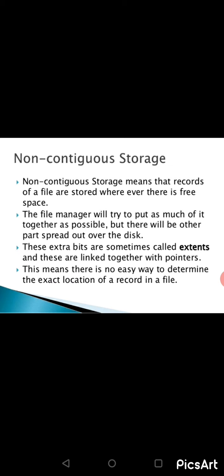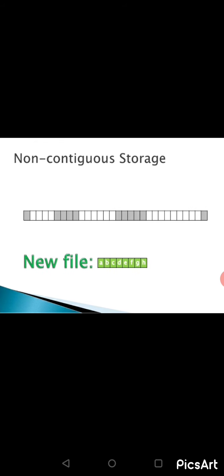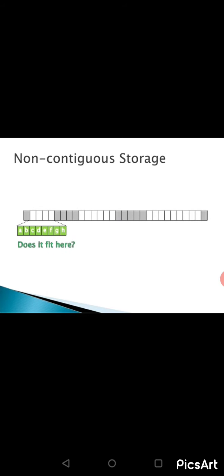So what happens in non-contiguous? See here, these are your filled blocks, means allocated, and empty means these are available for allocating blocks. So again I am giving this same example. You can allocate all the blocks wherever there is free space. So there is no need to check whether it is continuous or not.